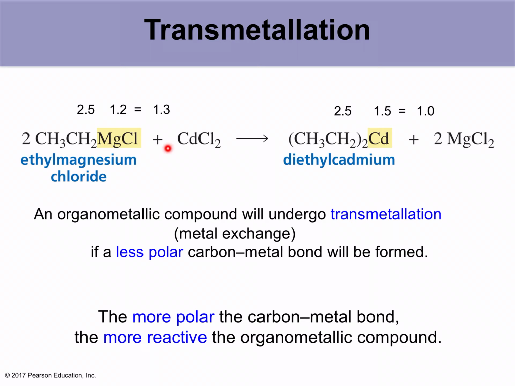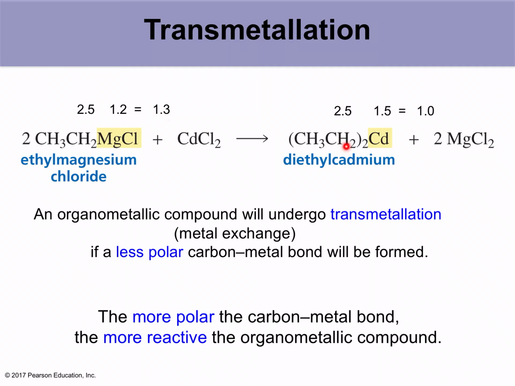That happens due to the electronegativity difference. Magnesium electronegativity is 1.2, carbon 2.5, so 2.5 minus 1.2 is 1.3.